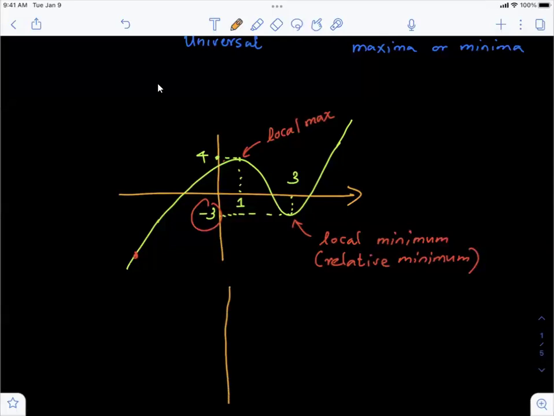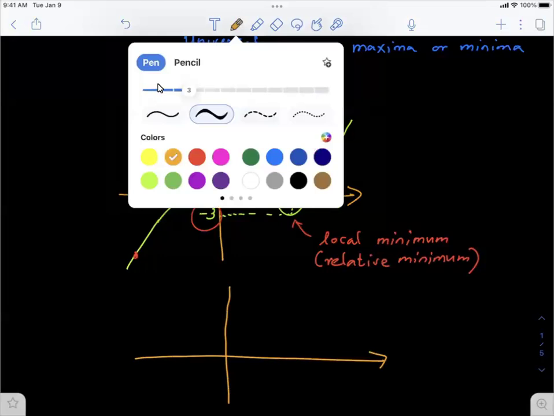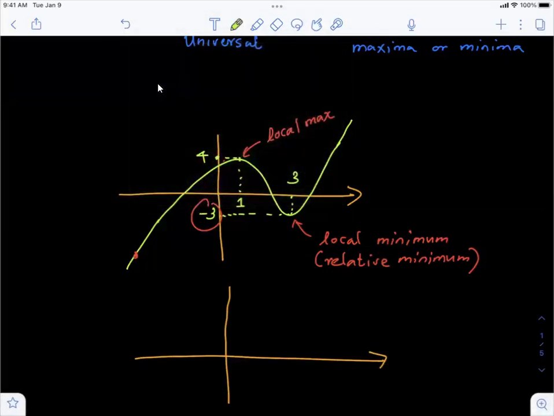I'm going to draw almost the same function, but on a restricted domain from 0 up to 4.